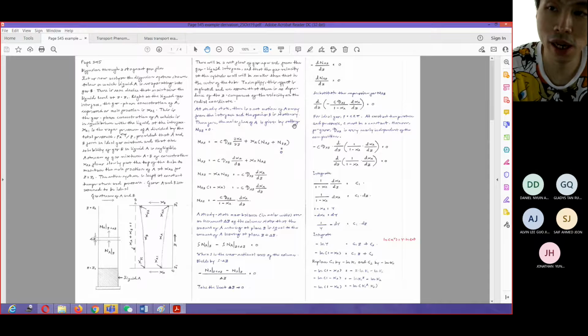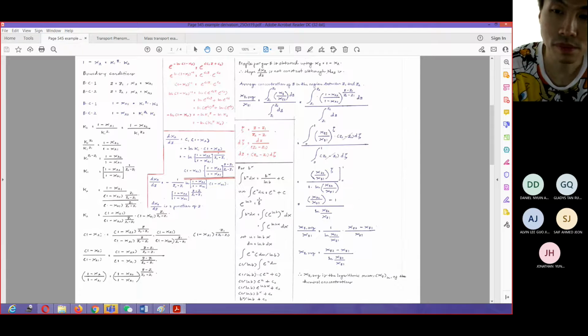Therefore, the molar flux of A is given by setting N_Bz equal to 0. Now you need to move this x_A N_Az term to the left hand side, and if we do this kind of mathematical manipulation, we will get an explicit expression of N_Az in terms of x_A.